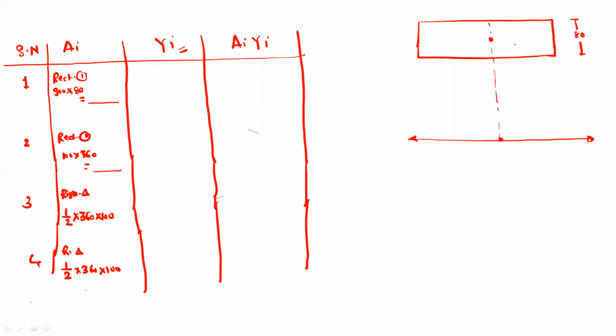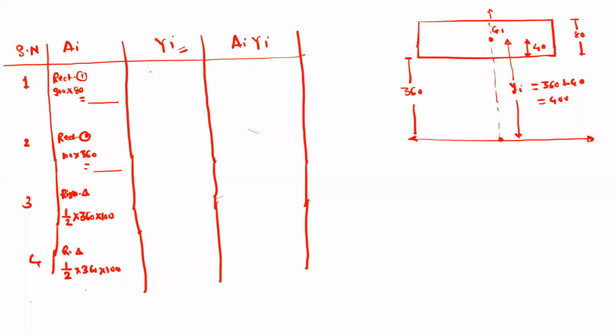This is the center of gravity of this rectangle, so let us take this as G1. This is the y coordinate. So this y coordinate will be 360 plus we have to add this distance. This is 80, so this will be 40. So yi is equal to 360 plus 40, that is equal to 400.